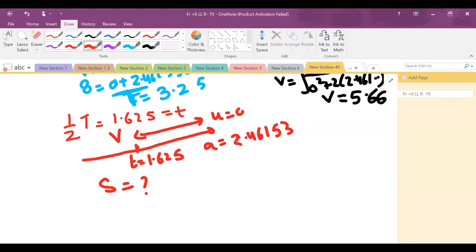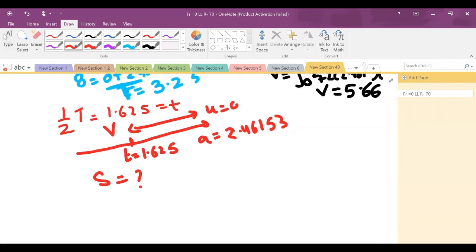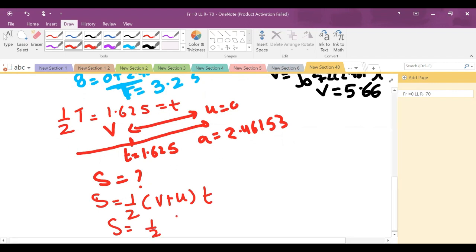Half times v plus u times t. Yes. So s equals half v plus u times t. अच्छा v तो नहीं पता ना, हमें u पता है, t पता है और a पता है, उससे हमने s निकालना है.